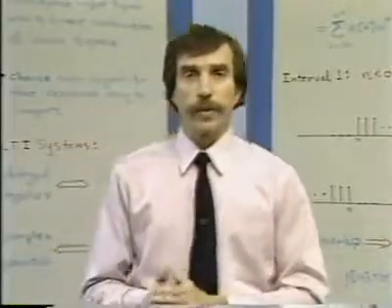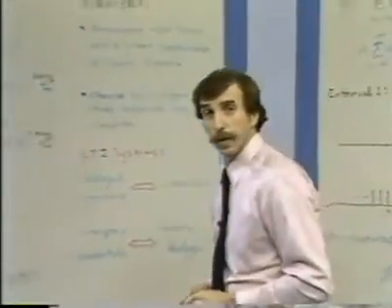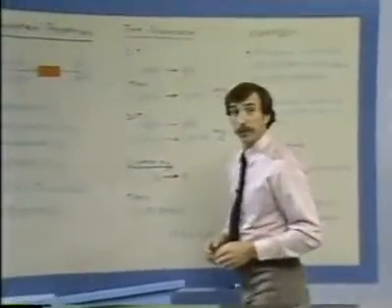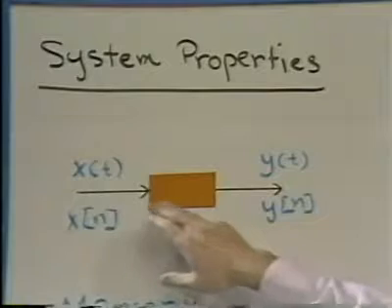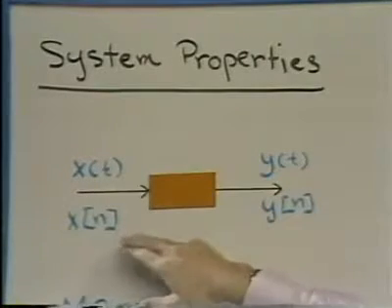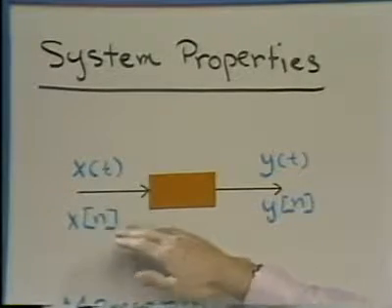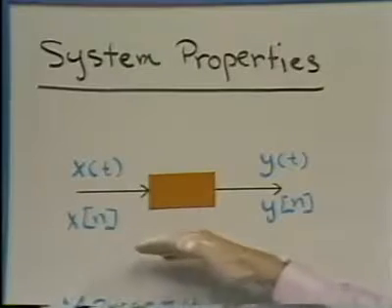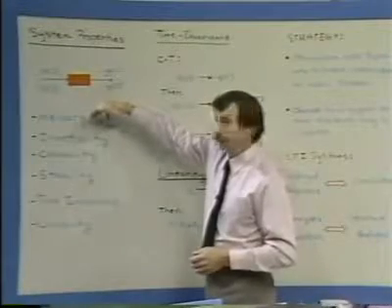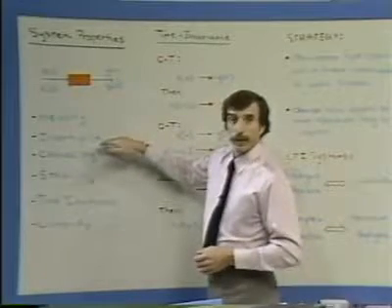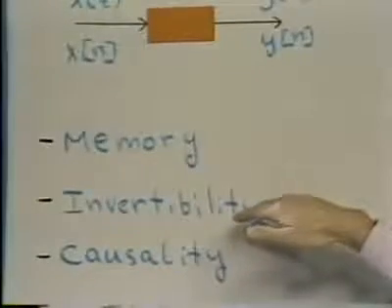In the last lecture, we discussed a number of general properties for systems, which, as you recall, applied both to continuous time and to discrete time systems. These were the properties associated with a system having memory, the issue of whether a system is or isn't invertible.